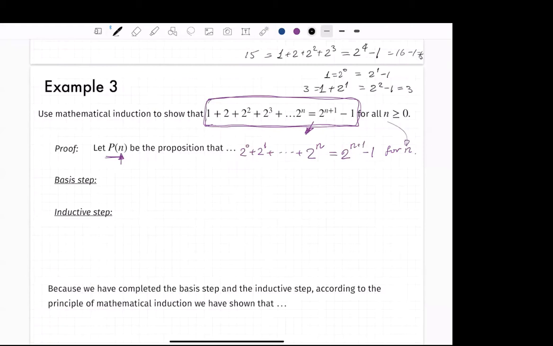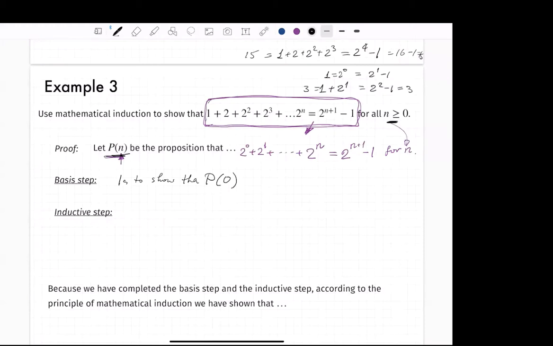So that's fine. How do we prove this? I've stated what my proposition is. Here it is. That's what we want to prove. And what's the standard way of proving this? By induction. A couple of things we need to check. First, the basis step. The basis step is to show that P of 0 is true.